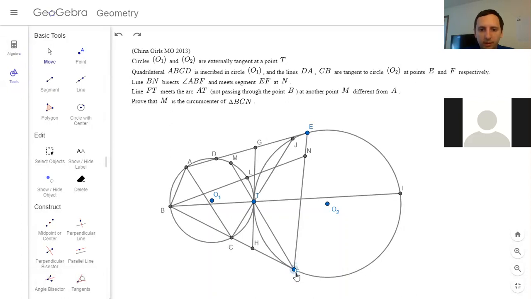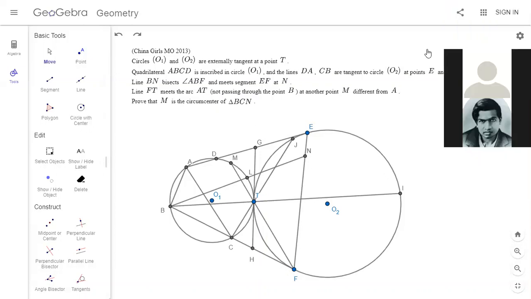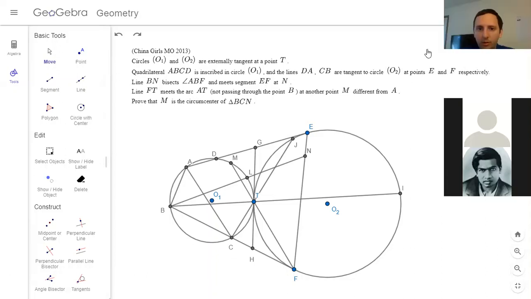Let's see. Can I draw O1 O2? Yes. So I have one idea.